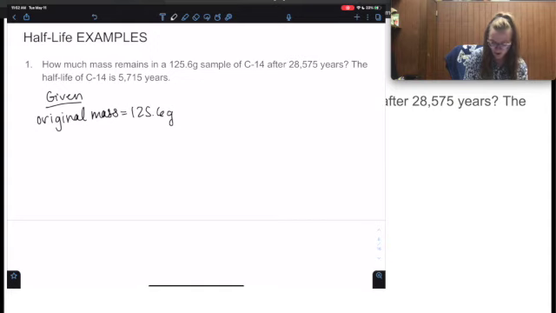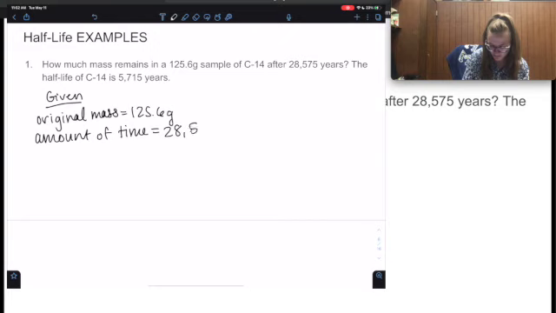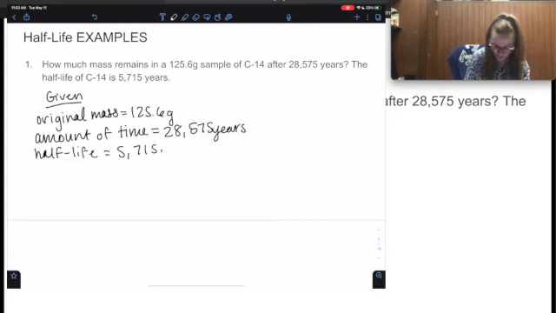And then we're told that the time that has passed is 28,575 years. We also know that the half-life of C14 is 5,715 years. The question asks how much mass remains, so that's what we're looking for.